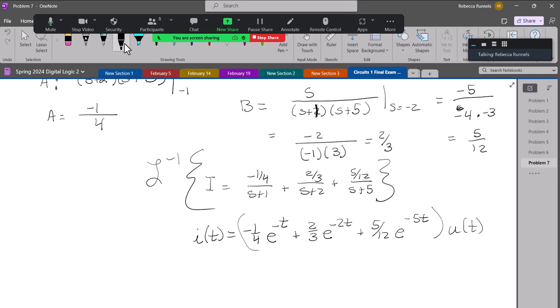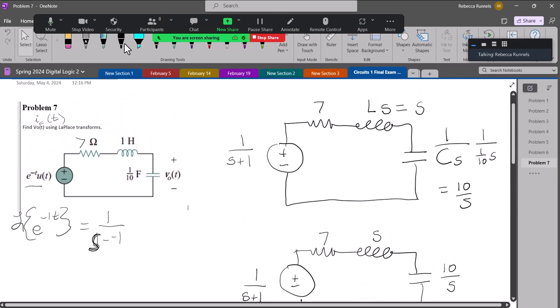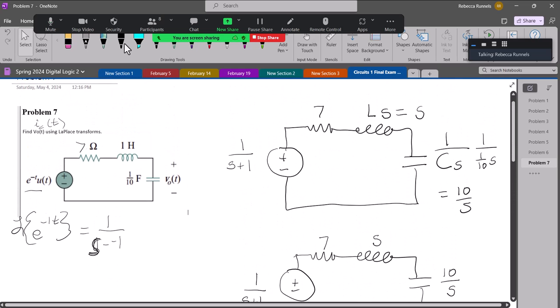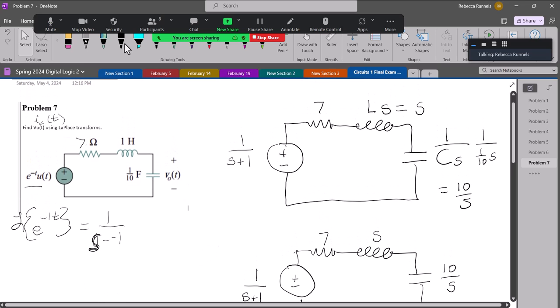Now, let me just show you, since the problem said to find V0 of t using Laplace transforms, how we would do that.